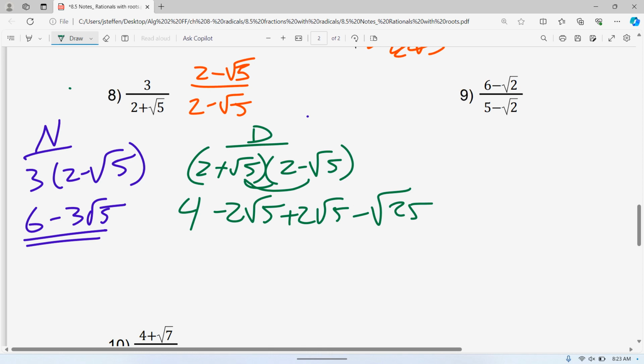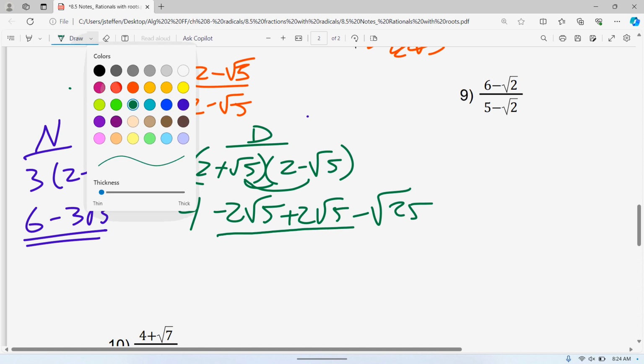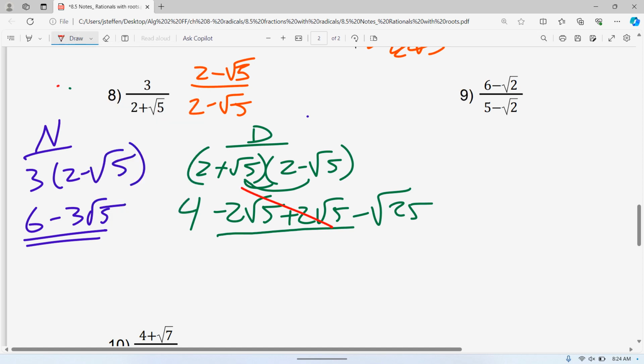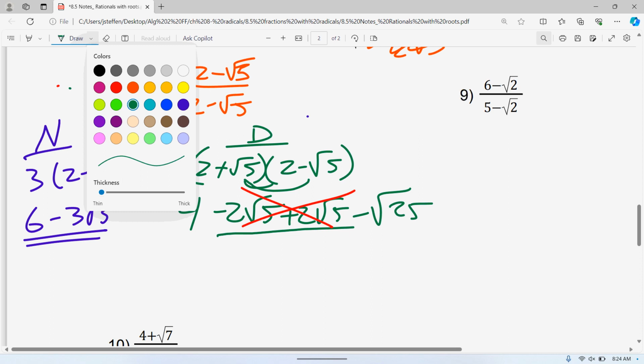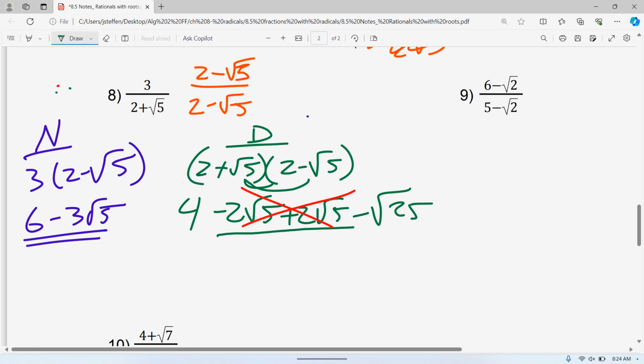We have negative 2 root 5 plus 2 root 5. It's 0 root 5, which is just 0. So those cancel. The square root of 25 is just 5. So we end up with 4 minus 5 is negative 1.